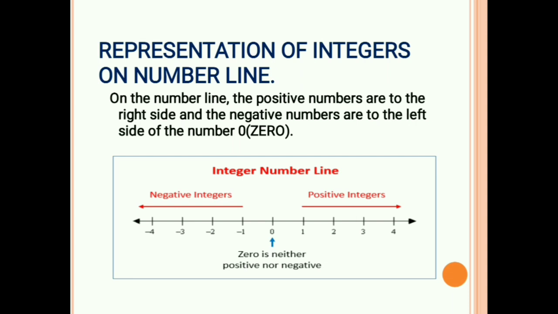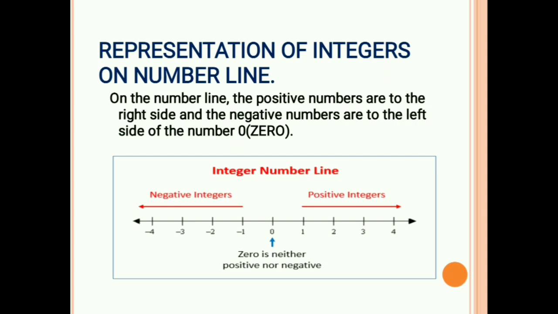Now children, let us see how to represent the numbers on the number line. You all have learned this in your earlier standard. On the number line, the positive numbers are to the right side of the 0 and negative numbers are to the left side of the 0.